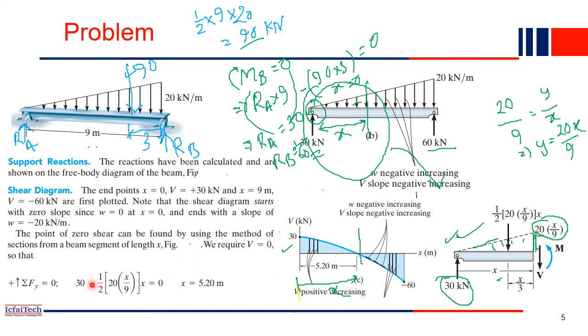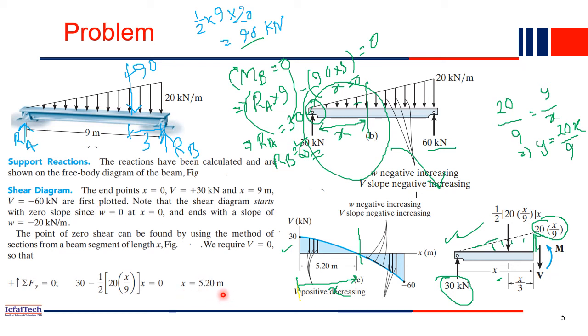Now substitute into the equilibrium equation, summation of all vertical forces equal to 0. What are the forces acting? One is 30 kilonewton acting upward. So this is 30. Now this concentrated load acts downward, so minus this entire concentrated load, equal to 0, like V equal to 0. From this equation you can compute the value of x.